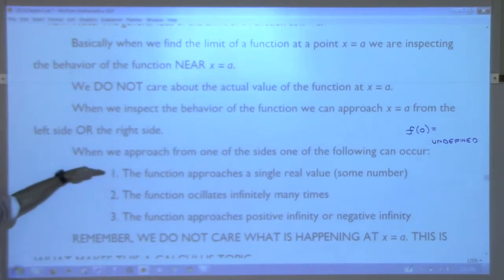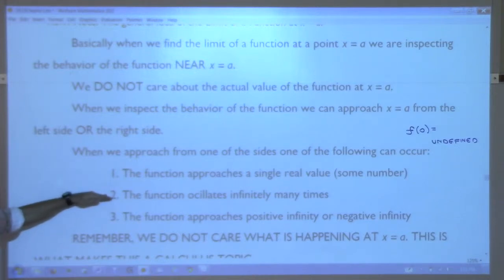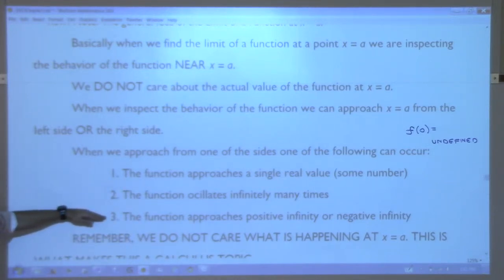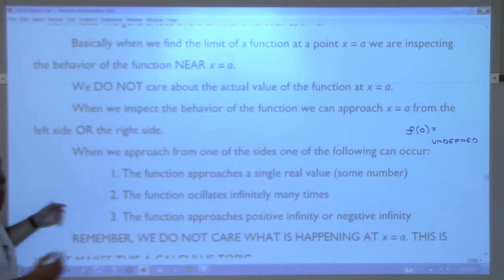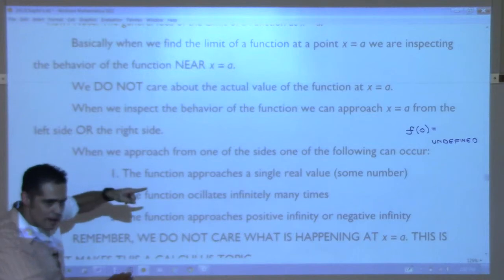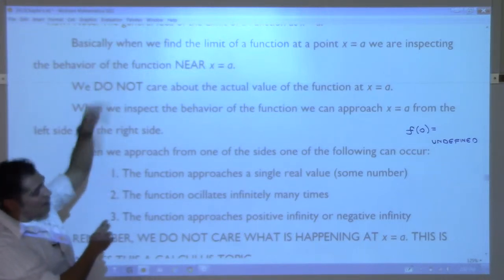It can also oscillate infinitely many times, like we just saw a second ago. Or the function approaches either positive or negative infinity. Those are the only three things that can happen as we're coming in from the sides. It's either going to go somewhere, oscillate, or go up forever or down forever.